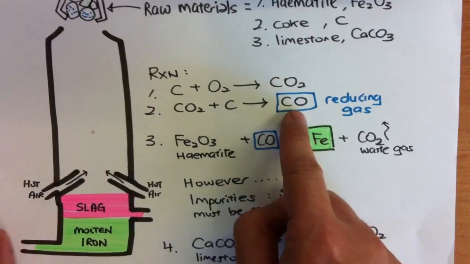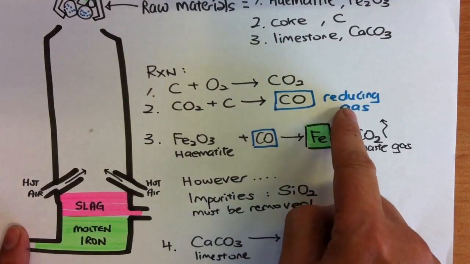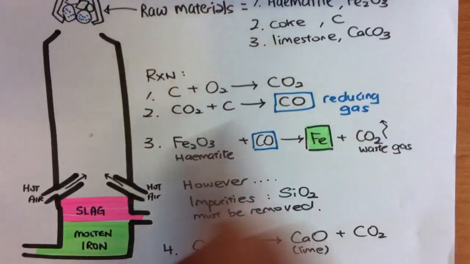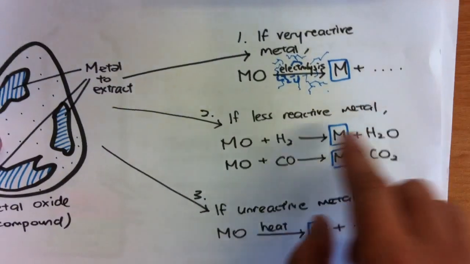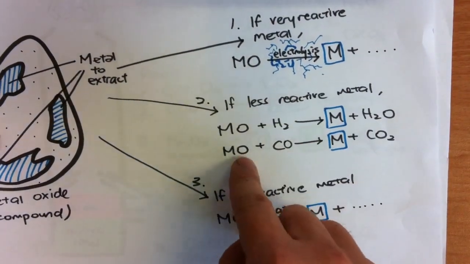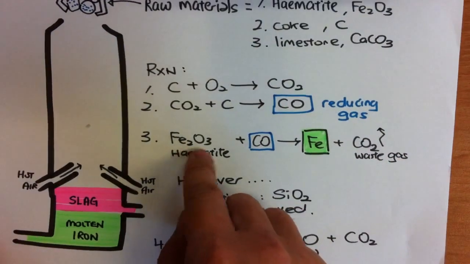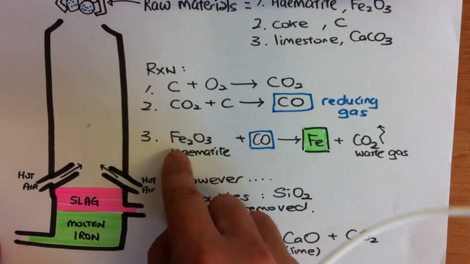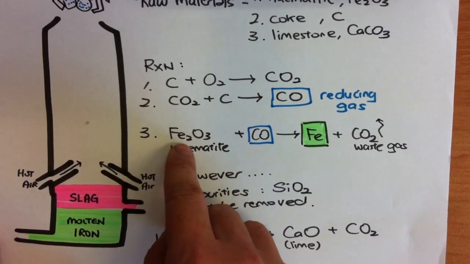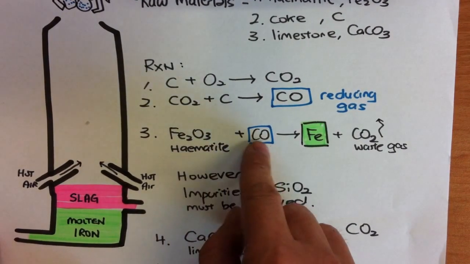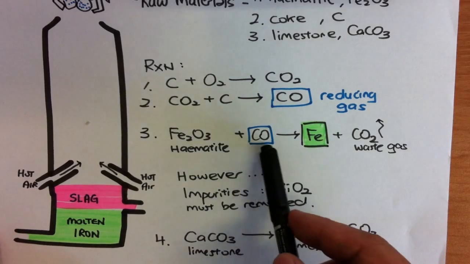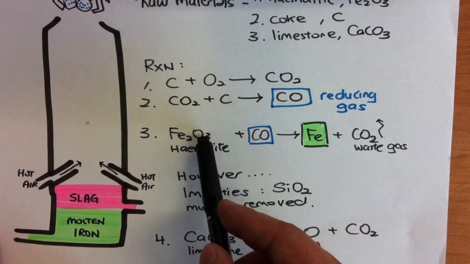Now, CO is a very good gas. It is a reducing gas. We need this gas to get the metal out from the oxide layer. In this case, the metal oxide is iron(III) oxide, which is hematite. So look carefully: CO takes away the oxygen here.